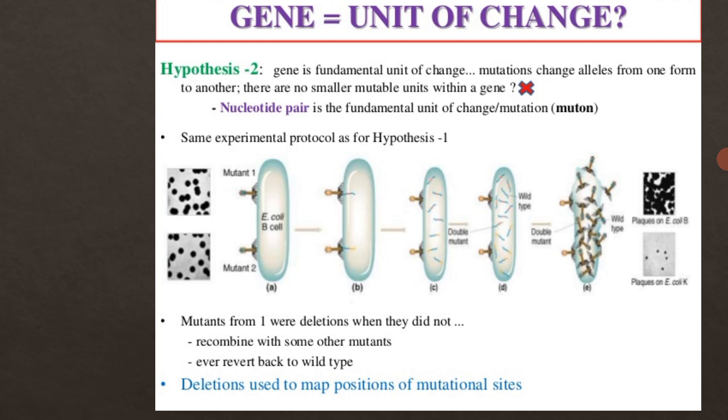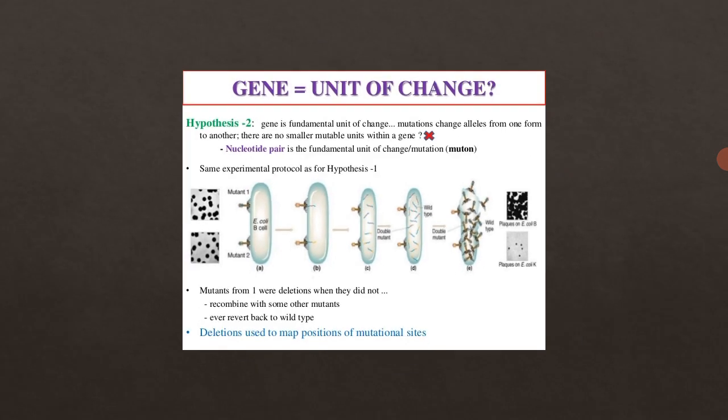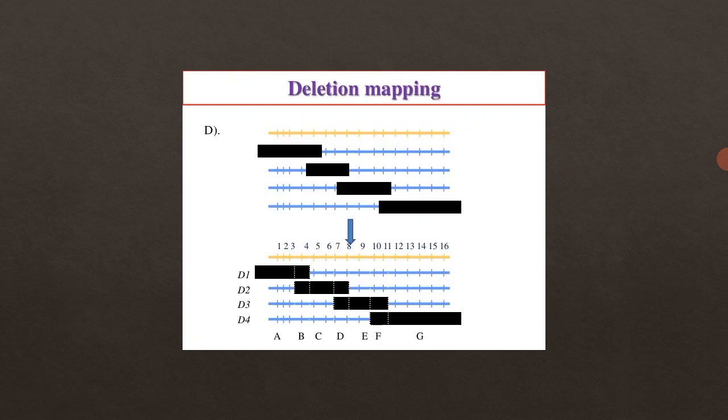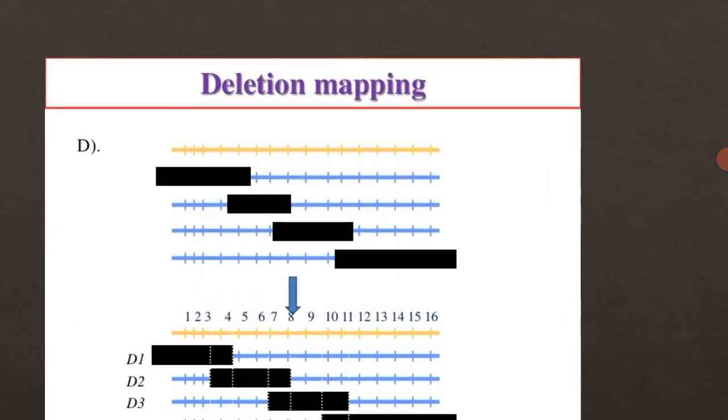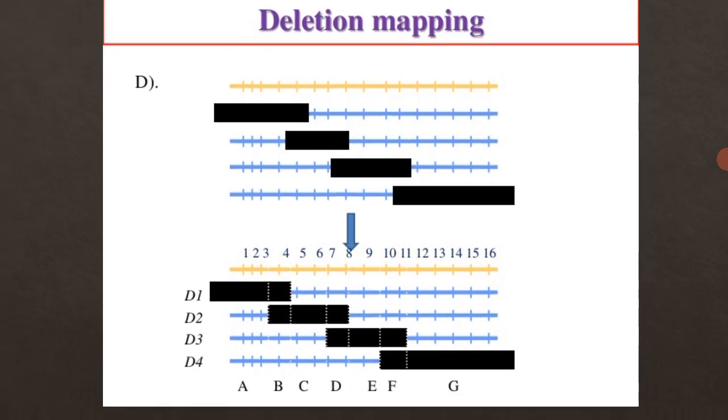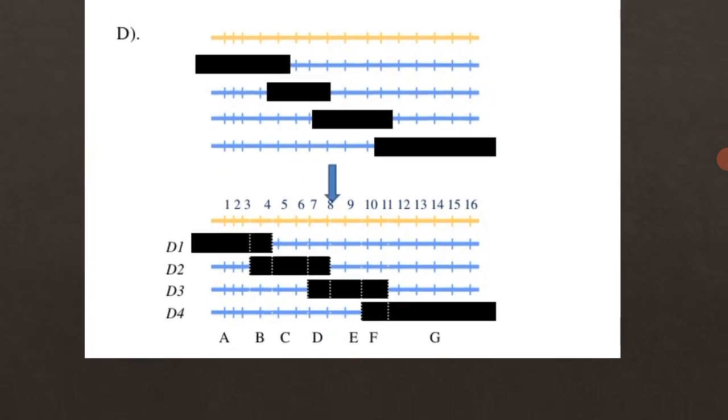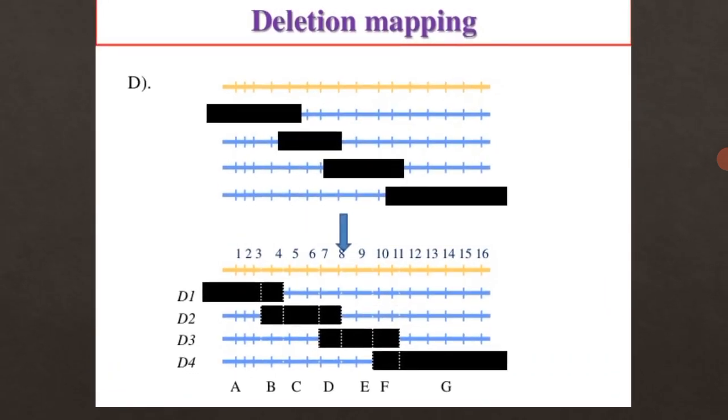Similarly, if we delete B and C, then we can know which genes are remaining. In this way, deletion mapping is very useful to map the genome of a bacterium or a cell. Now with this example we can study very well what deletion mapping is and how to solve some examples of deletion mapping.